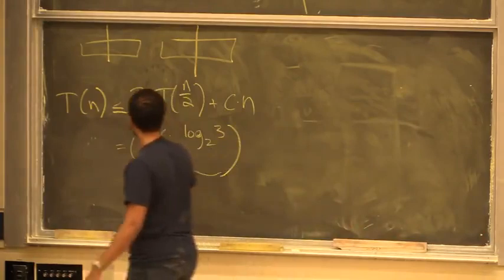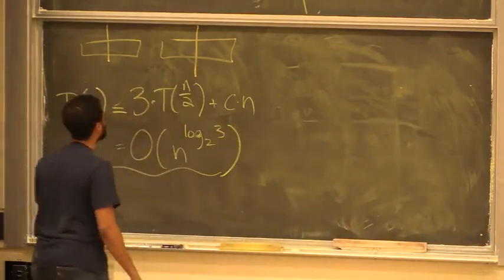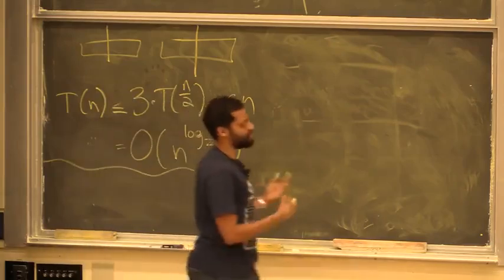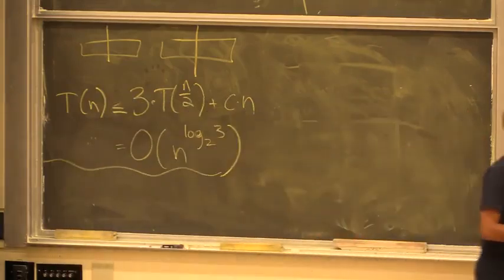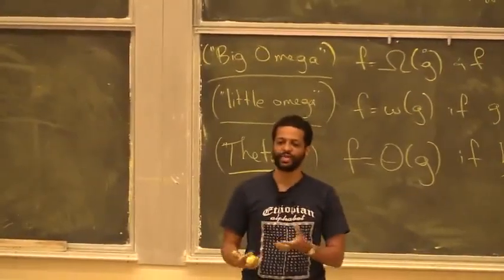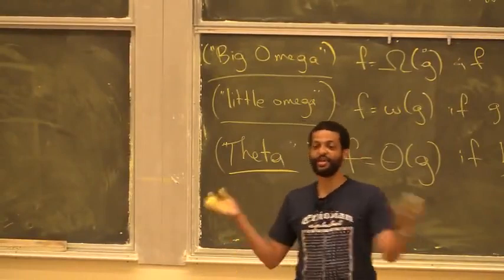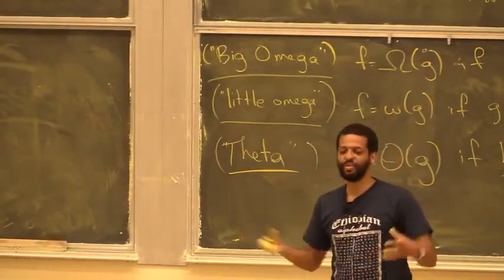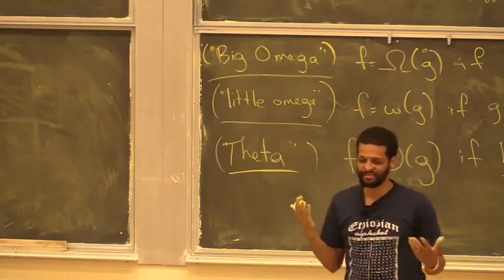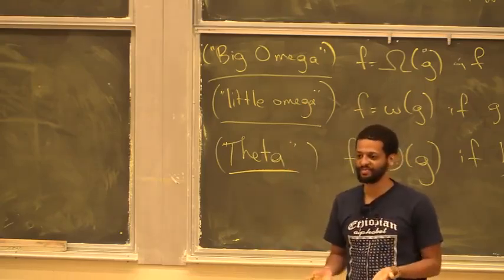So, more generally, what if I have some problem where I divide into pieces that are not a factor of 2 smaller, but a factor of b smaller? Let me just parameterize everything. And then I need to do a recursive calls. And then putting it together takes n to the d time. What runtime would I get?